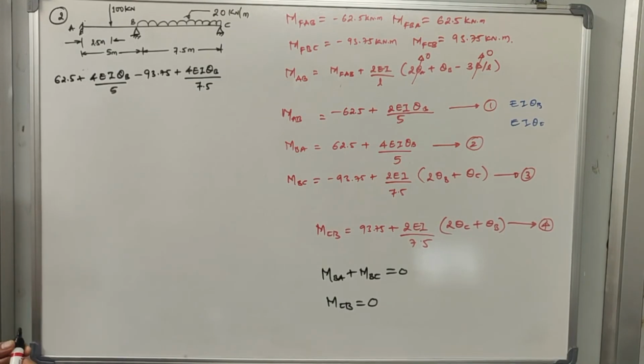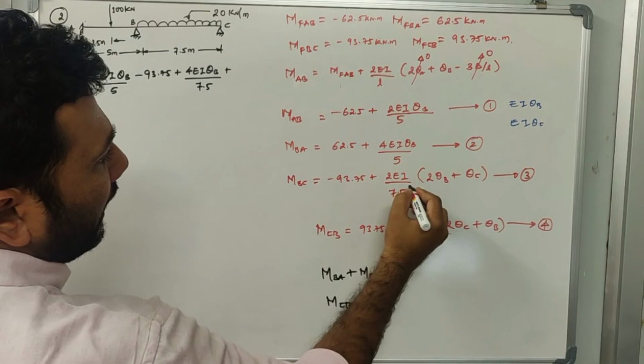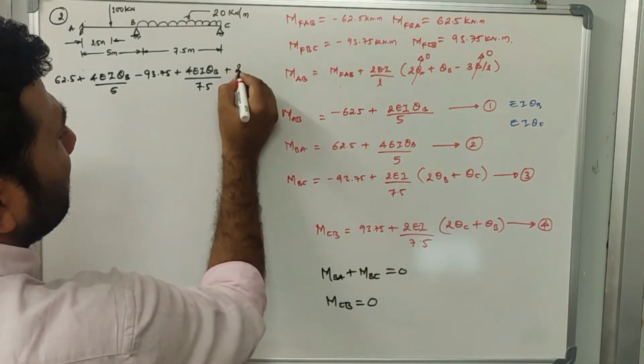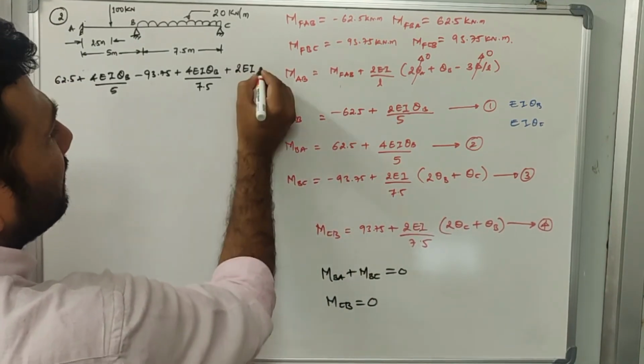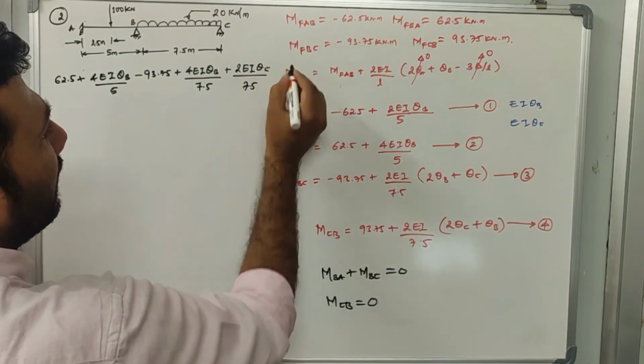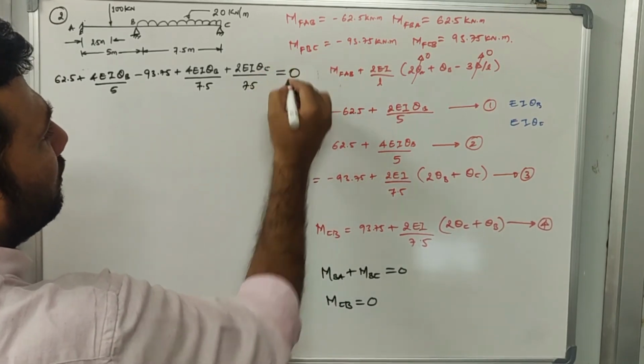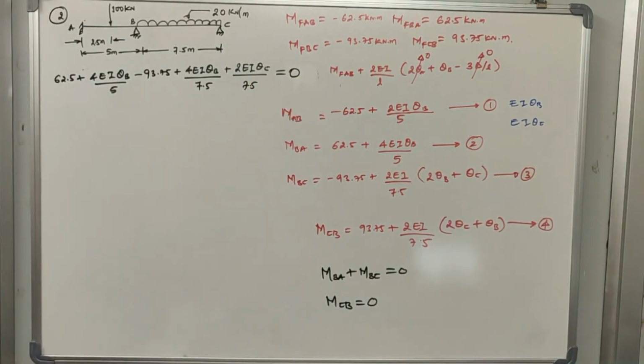Okay. Right. Next, plus this is 2EI theta C divided by 7.5. Okay. Now this total should be equal to 0. So this gets my first equation.